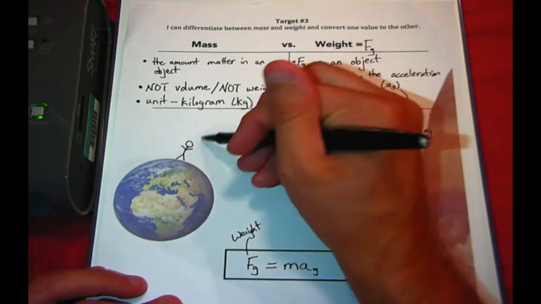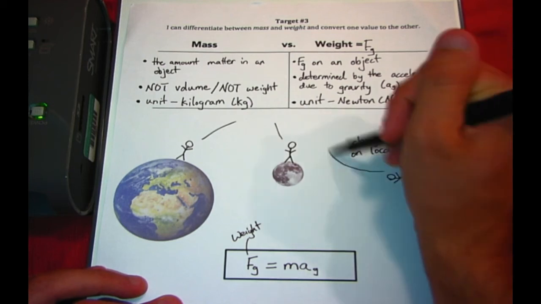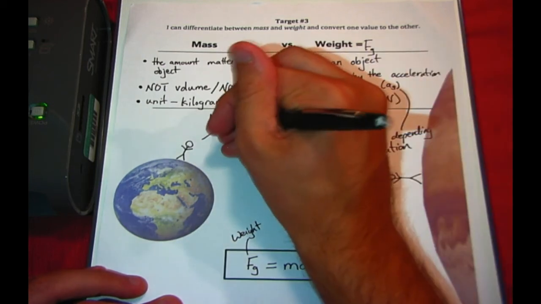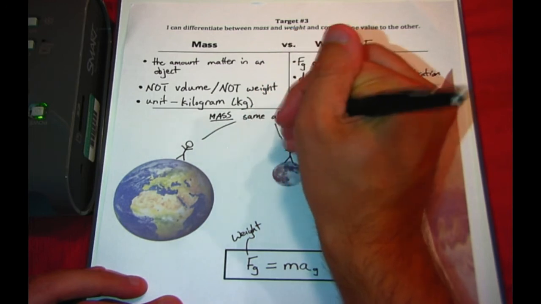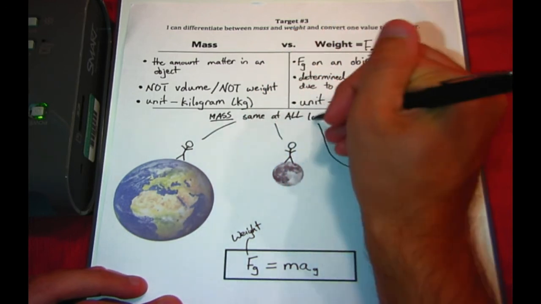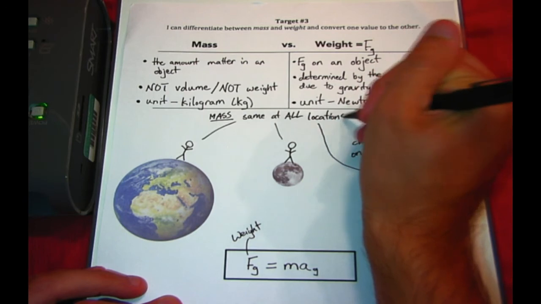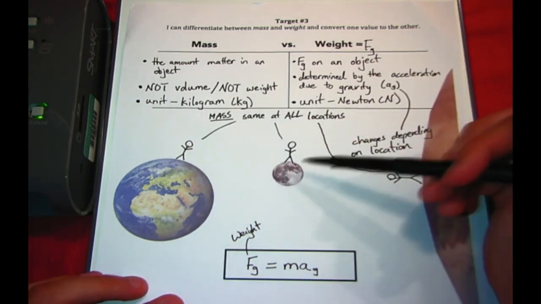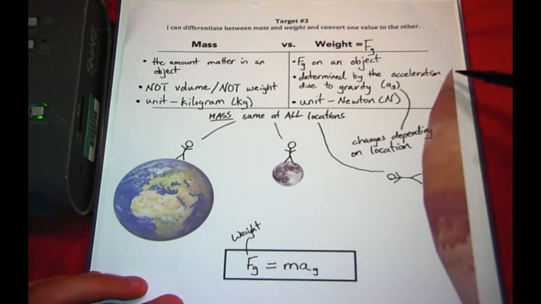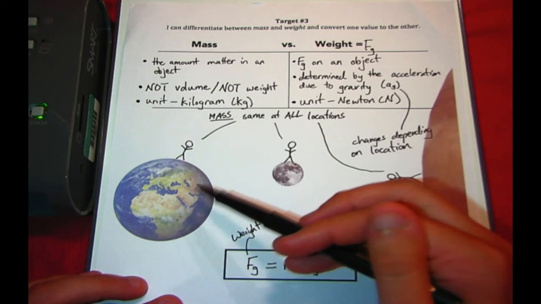So we could say that his mass is the same at all locations. What is going to change is how much these planets are pulling on the person. The larger the planet, the more it's going to pull on this person. So Jupiter's going to have the largest force of gravity, followed by Earth, and then the moon.